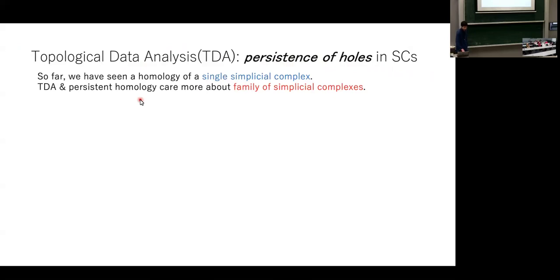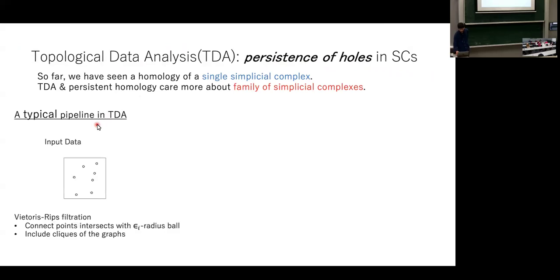So now I am going to talk about the topology that varies in a sequence of simplicial complexes. Let me introduce the typical pipeline used in topological data analysis. We may start from some given data, which may be a point cloud, and the distance between each pair of points can be calculated.